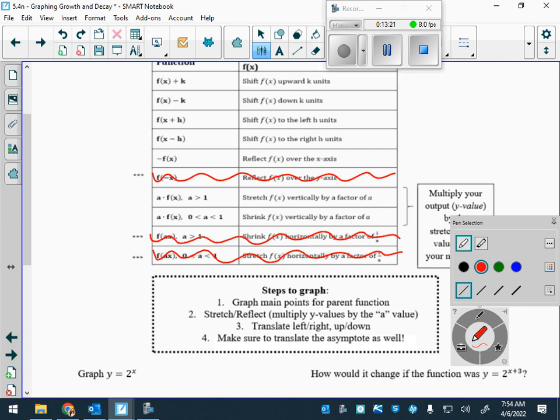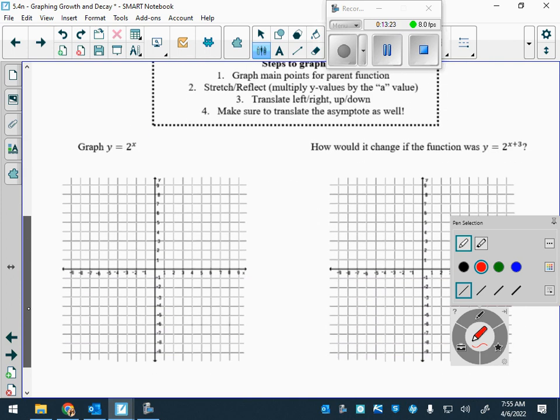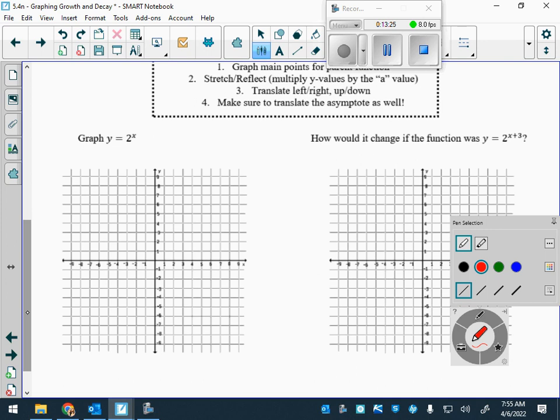So let's go ahead and graph these guys. No matter what, anytime you're graphing any new function, you always want to start with the table of values. You won't need a calculator for this. So I use the standard -2 to 2.